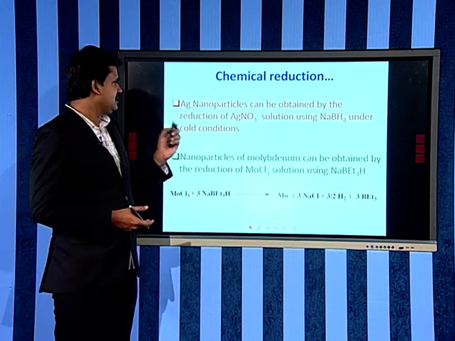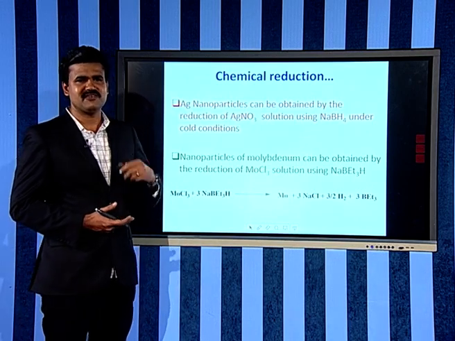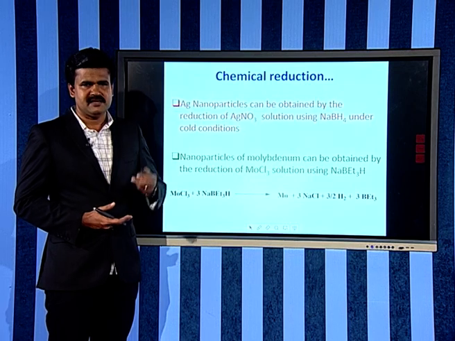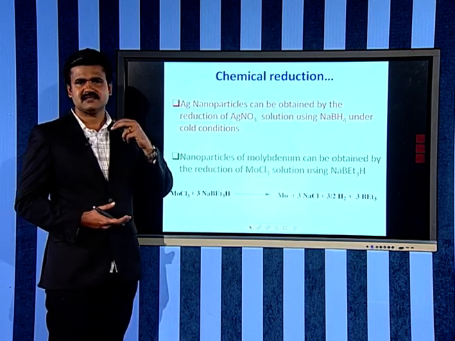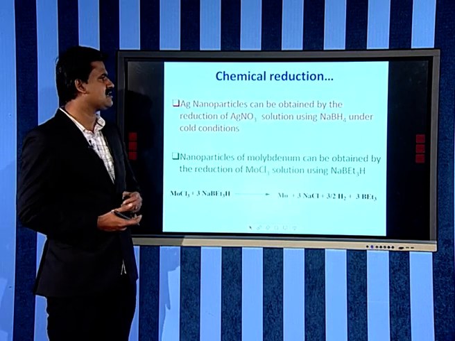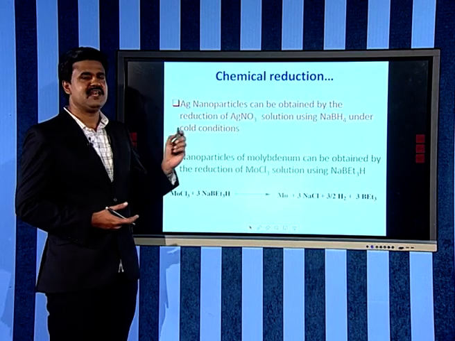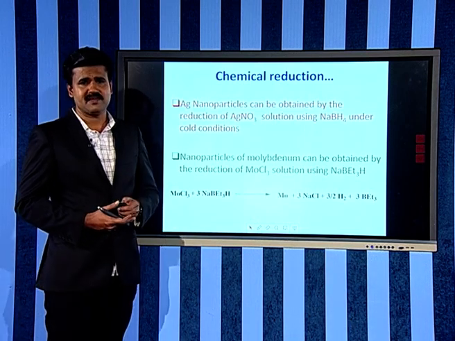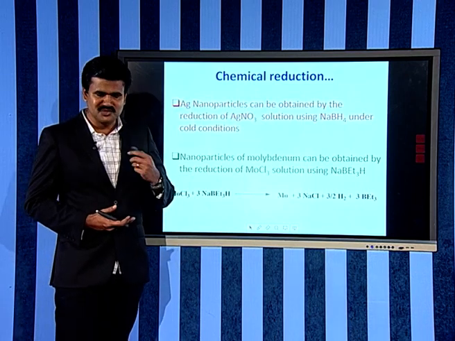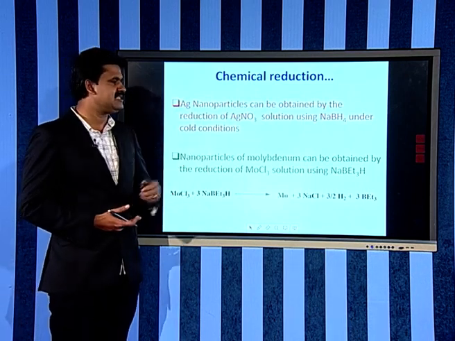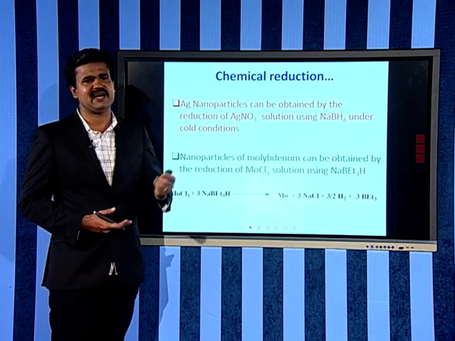Then the chemical reduction procedure for the preparation of silver nanoparticles is achieved by AgNO3 reduced using sodium borohydride under colder conditions. Nanoparticles of molybdenum can be obtained by the reduction of molybdenum trichloride solution using NaBEt3H, that is triethyl sodium borohydride.